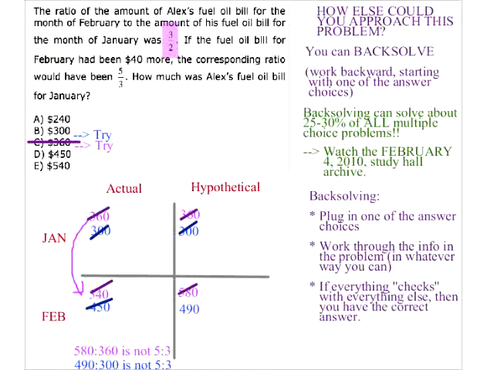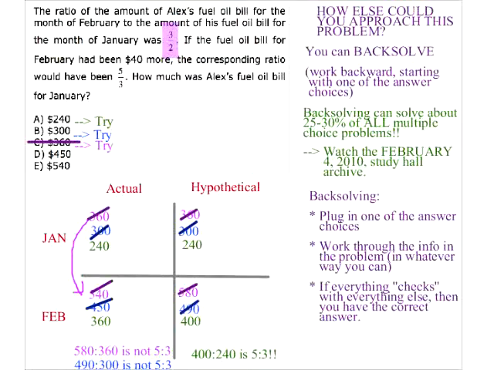And then if we tried A, let's see what happens. This would be 240. This would be 3/2 of 240, which is 360. This stays the same. You add $40 to that. 400 to 240 is 5 to 3.